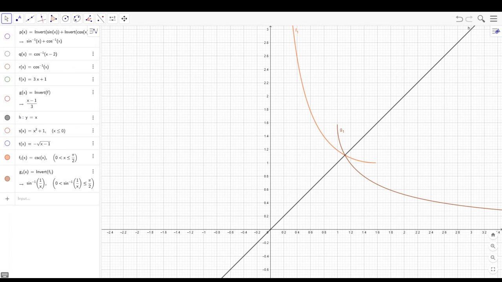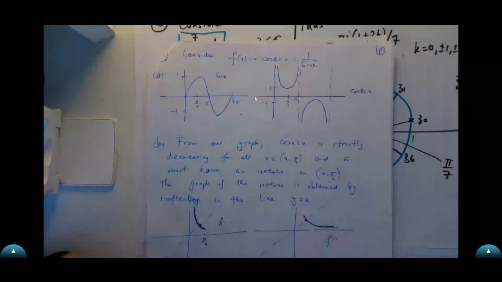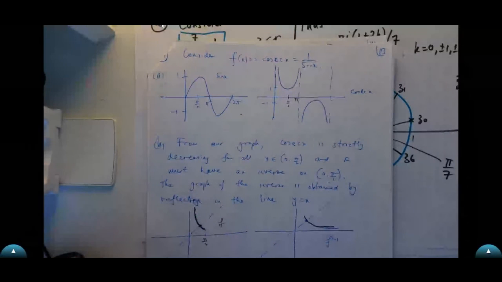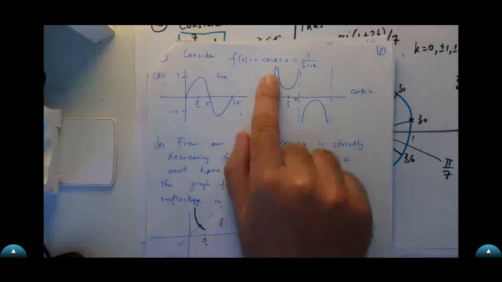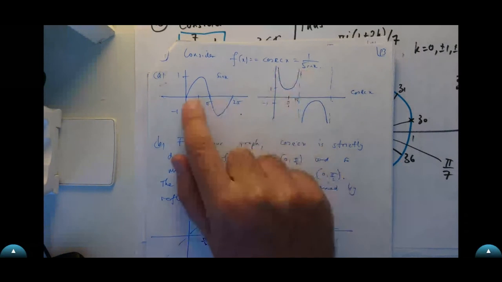So what happens if you wanted to do that by hand? I can show you my rough sketch. These are some that I prepared earlier, so you can see what I did in my notes. I said, well, cosec is 1 on sine.